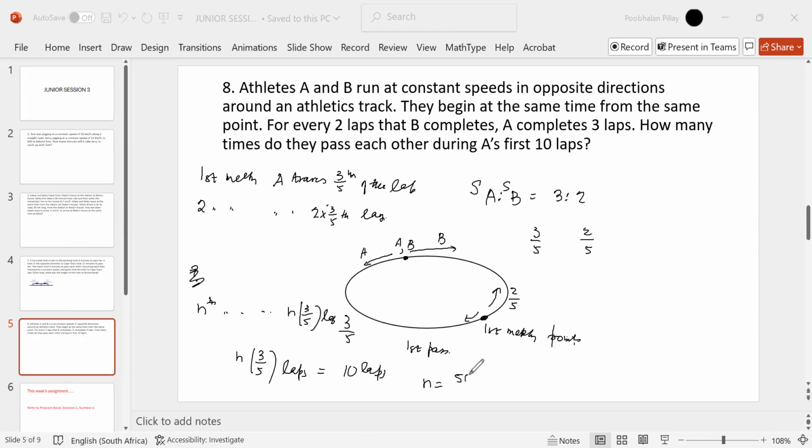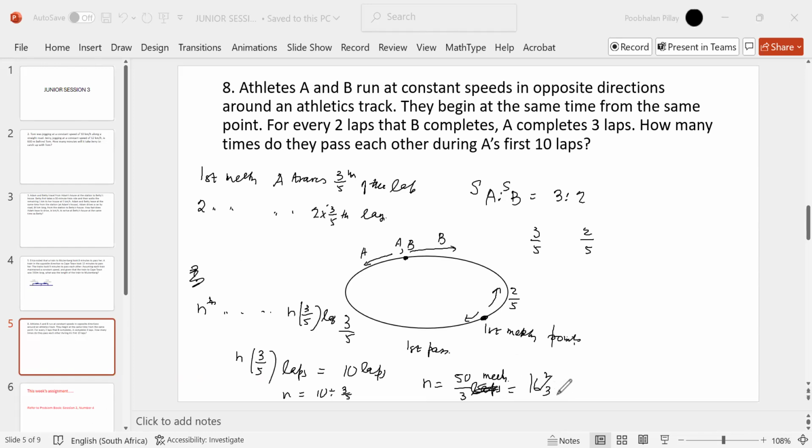So you multiply by 5 and divide by 3, right? So n is equal to 10 divided by 3/5, which is 10 times 5/3. So this is 16 2/3, not laps, 16 2/3 meetings.